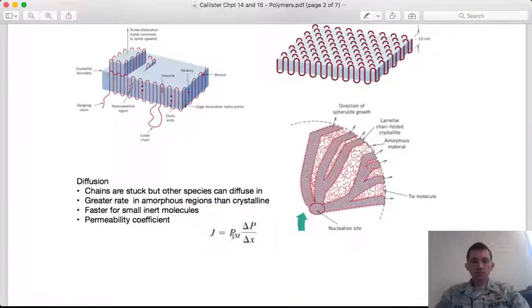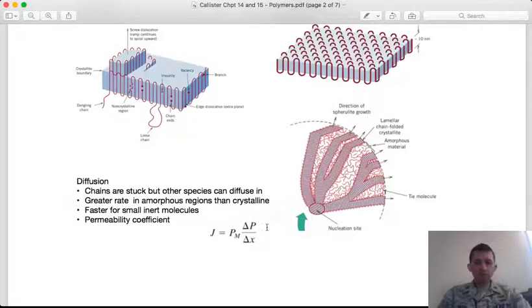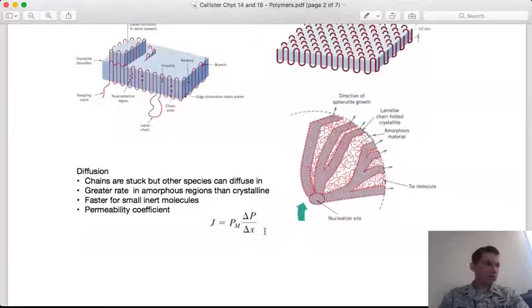I guess maybe P sub m is the permeability coefficient, but the flux through the material due to this permeability coefficient would be dependent upon, what's delta P? I forget what delta P is. I'm going to have to come back for this, talk about that for the next video. But this is analogous to the concentration gradient that you would see in traditional Fick's first law.